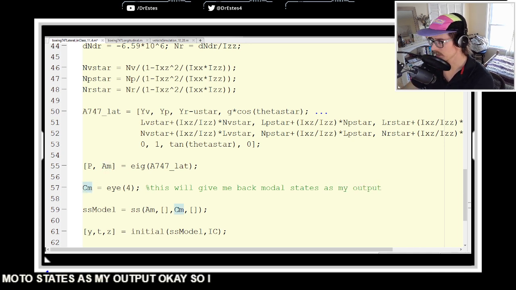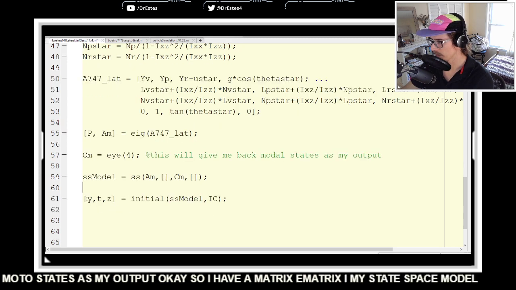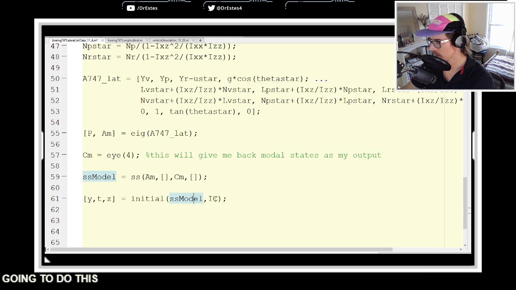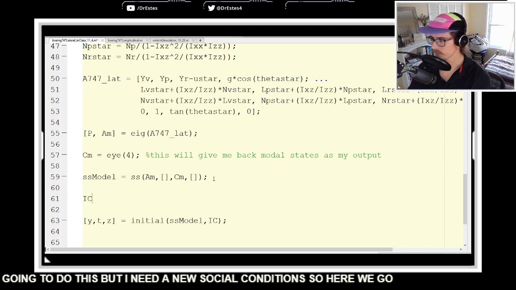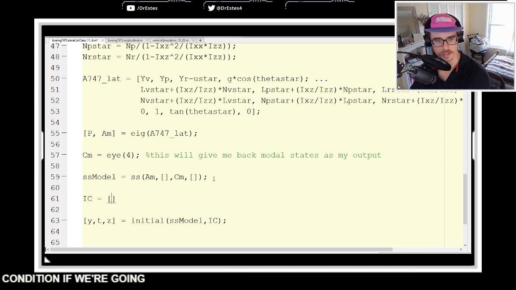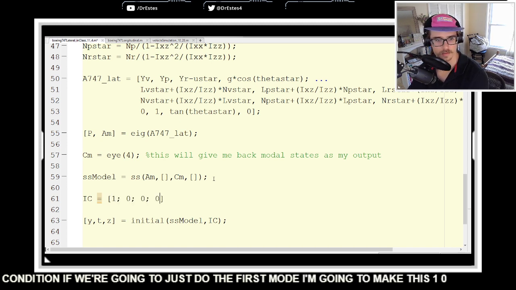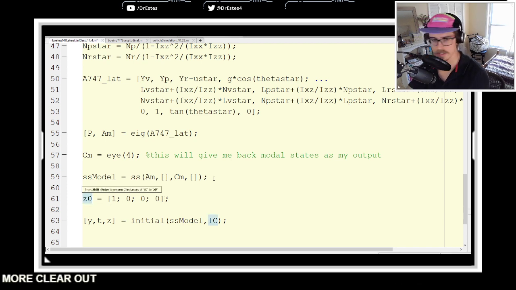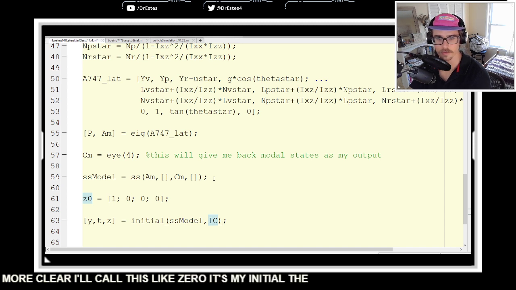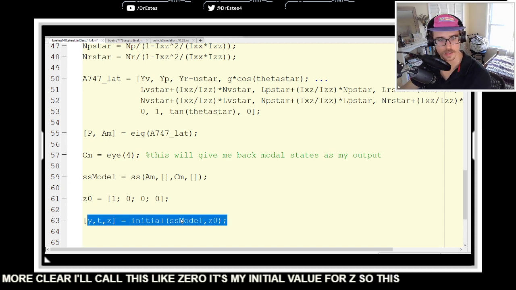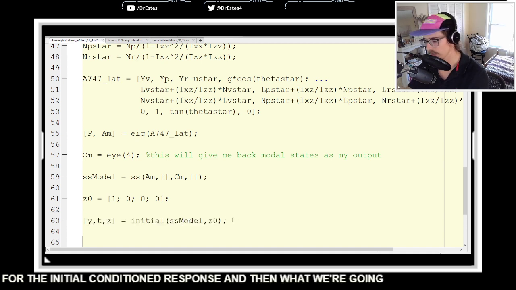Okay, so I have A matrix, C matrix, I have my state space model. I'm going to do this, but I need initial conditions. So here we go. Our initial condition, if we're going to just do the first mode, I'm going to make this 1, 0, 0, 0. Maybe to make this more clear, I'll call this Z0. It's my initial value for Z. All right. So this will do everything for the initial condition response, and then we're going to plot all this stuff after.